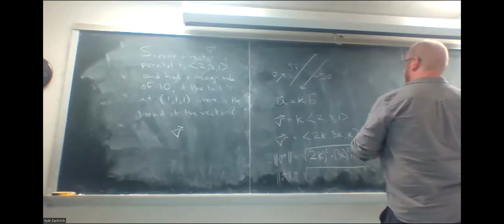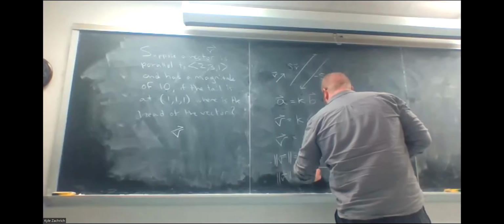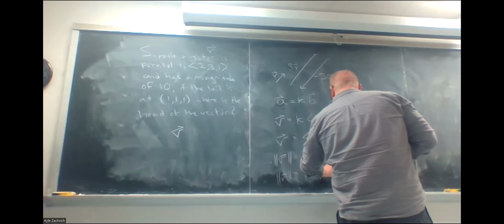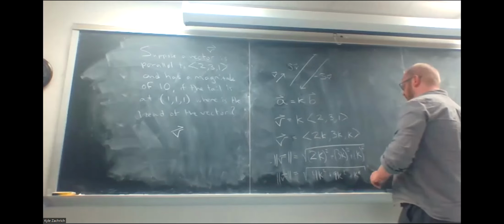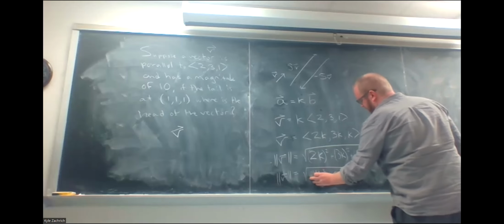So the magnitude of v is going to be 4k squared plus 9k squared plus k squared, so overall 14k squared.